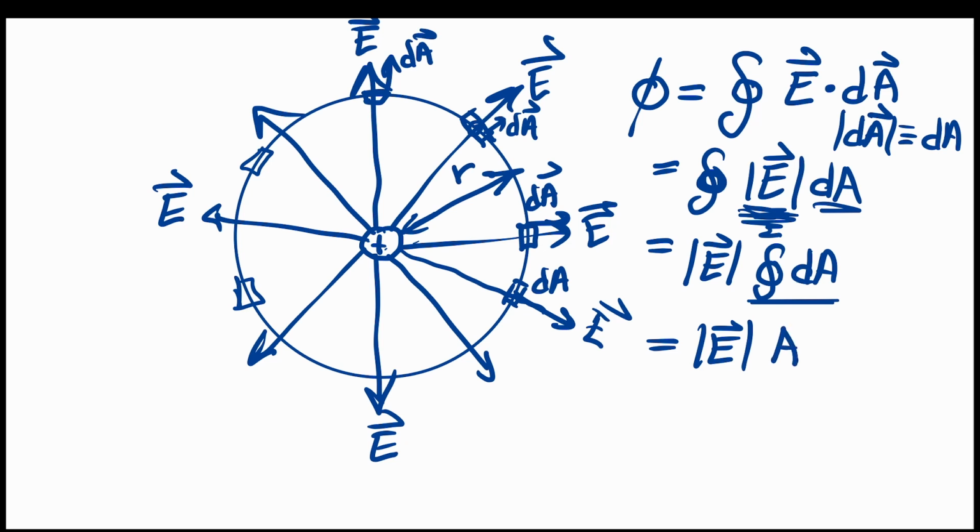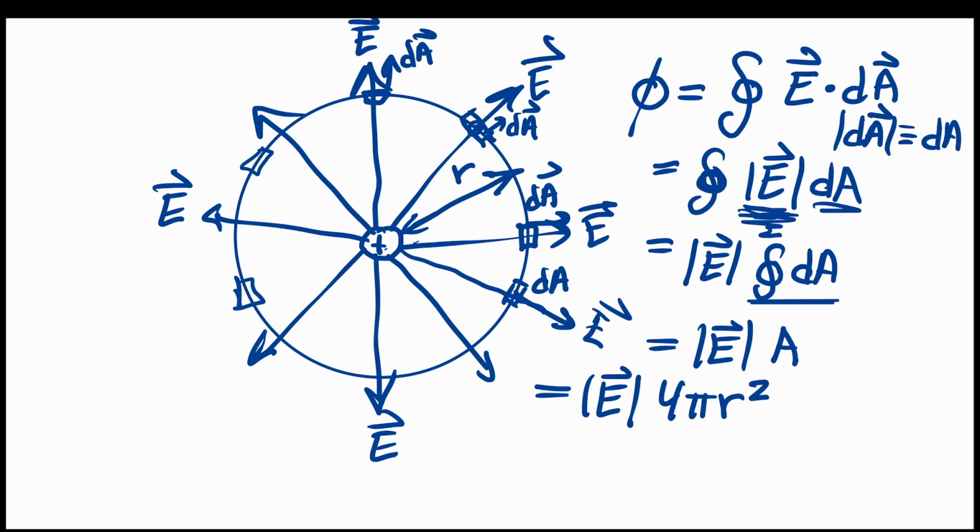And what is the surface of a sphere? The surface of a sphere is simply 4 pi r squared. That's what the area of the sphere is.